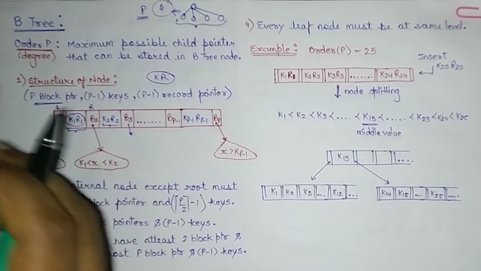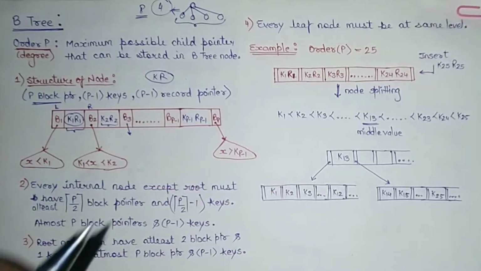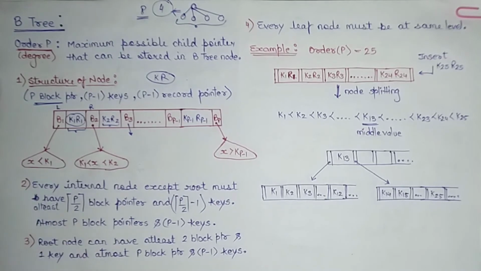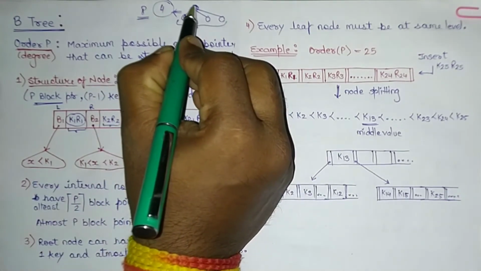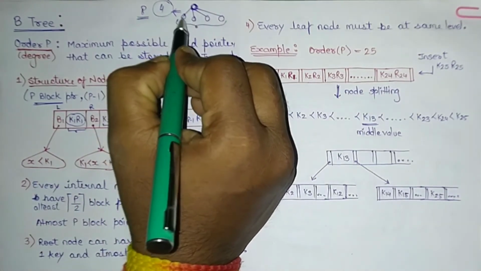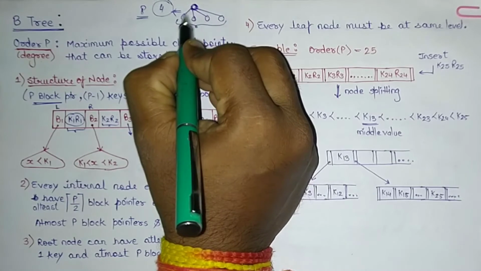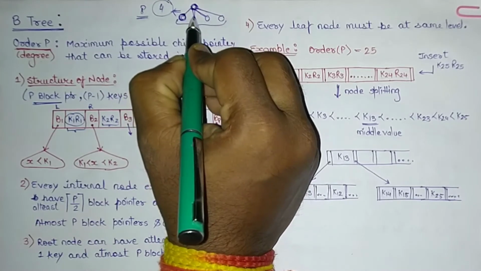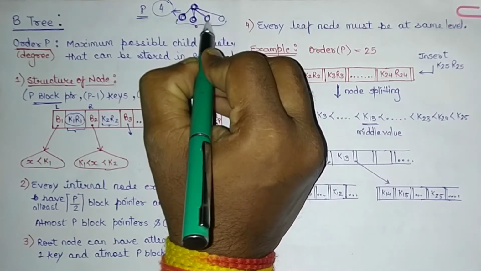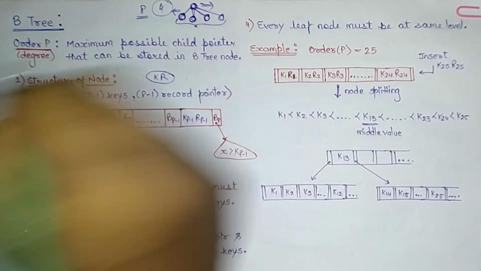Each block pointer will be directing or pointing to a particular block, like a node. For example, this is a particular block and here we will be having some block pointers. These are the block pointers which are denoting a specific block.